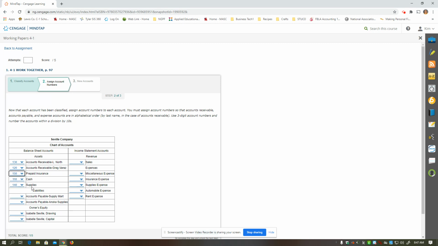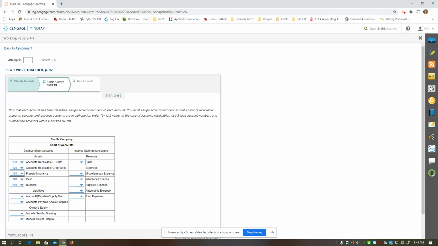Does that make sense? I started in alphabetical order, cash, then accounts receivable. I know that seems like it goes before cash, but it doesn't. Then we go supplies and prepaid insurance. And that is not in alphabetical order either, is it? Okay. But that's the way we're looking here. So cash is always first.